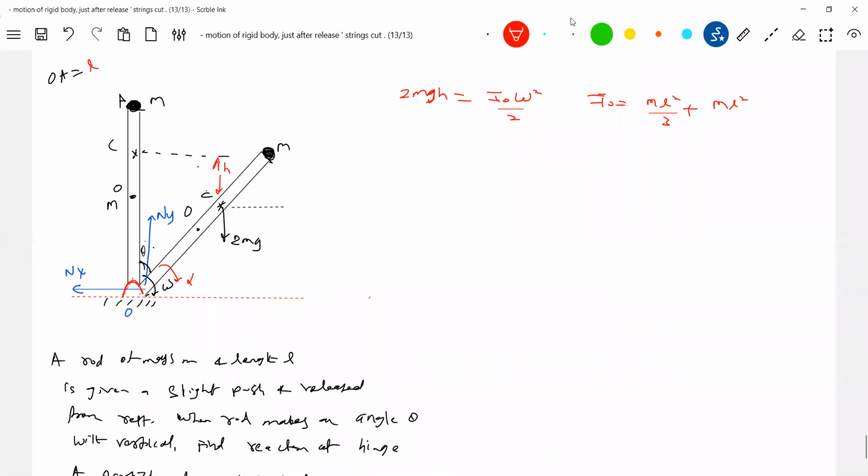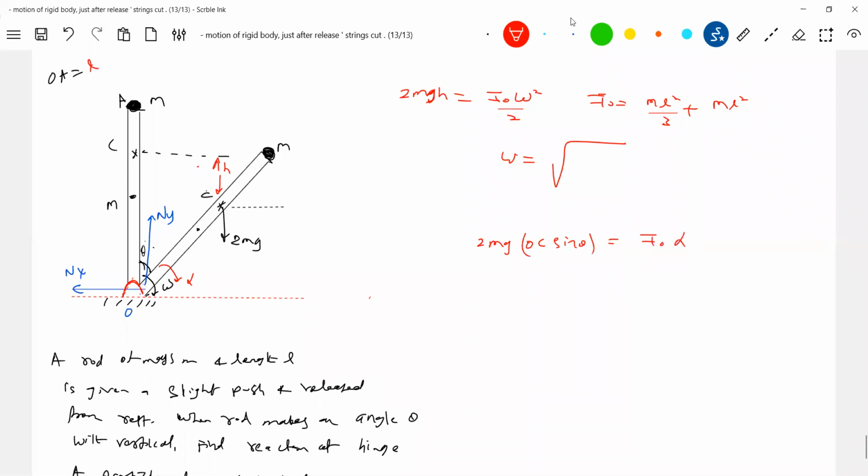After getting omega, what about the torque? 2mg, where will the center of mass of the system be? O is here. At a distance OC, the torque is 2mg into OC sine theta, which should be equal to I_O alpha.